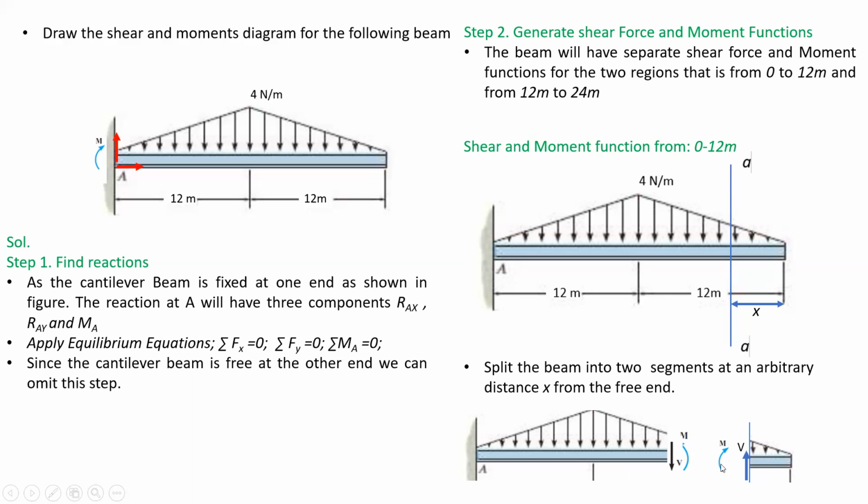The shear force V applied by the left segment will counter the total downward load, and the moment M exerted by the left segment will counter the total moment generated by the uniformly varying load acting on the right segment. Similarly, the right segment will apply equal and opposite reactions on the left segment as shown in the figure.